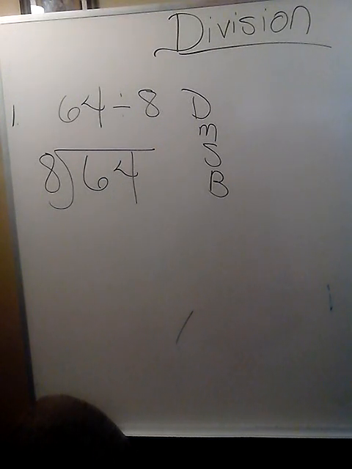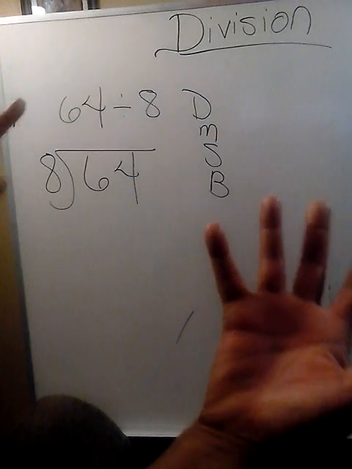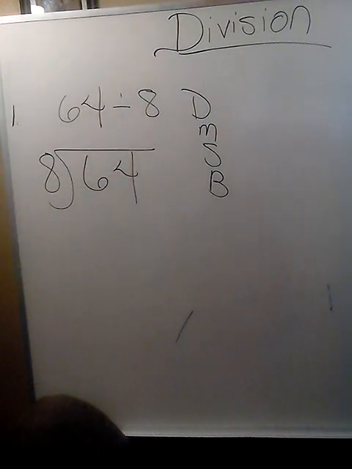So let's sing our Miss Stanton's multiplication song. 8, 16, 24, 32, 40, 48, 56, 64. Okay, I said 64. And I have 8 fingers up. So I can get 8 groups of 8 out of 64.